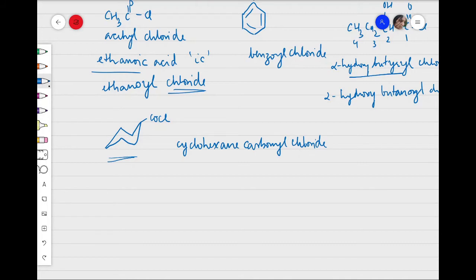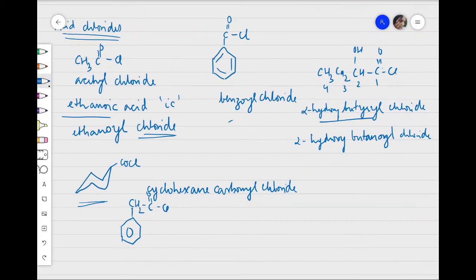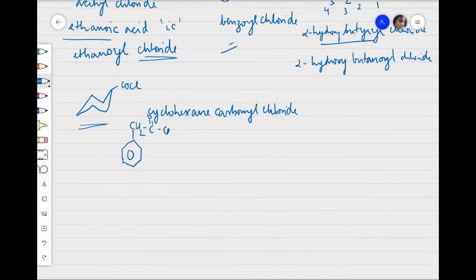Even for another example, suppose I have the benzene ring and I have CH2 C double bond O Cl, which is a bit different from what we have here. In this case, how do you name this?